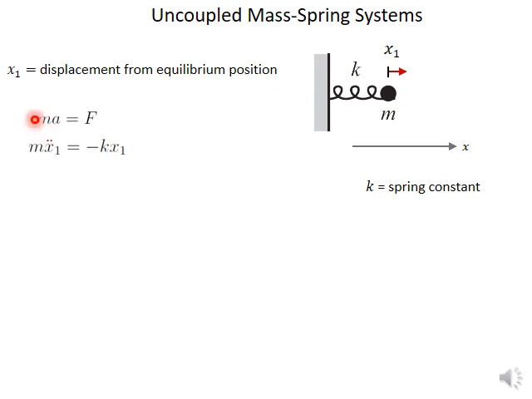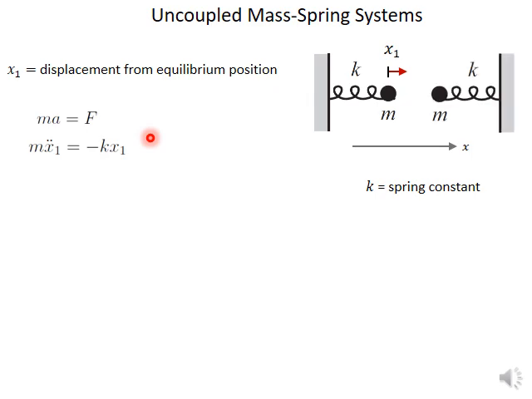So this would be the mass times acceleration part of F equals ma, and on the right hand side we look at the forces which act on this mass. If we ignore the gravitational pull downward, the only force is the spring force, which is given by the spring constant k multiplied by x1, with a minus sign. The minus sign tells you that it's a restoring force which creates oscillation. Any force which has this form would create oscillations in a system.